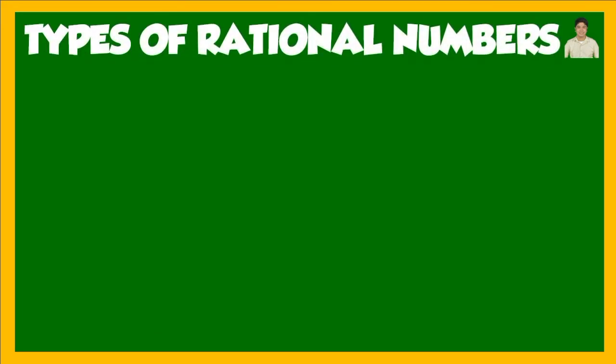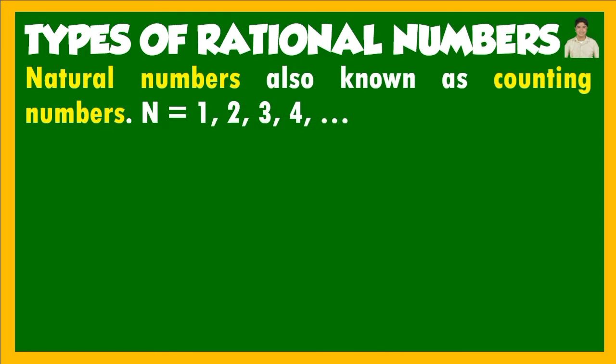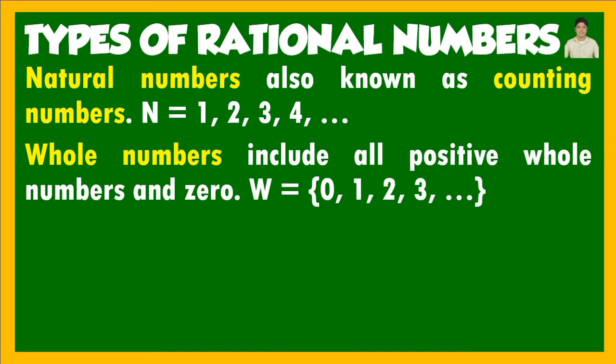So next, we have types of rational numbers. So para mas makilala nyo sila, we have natural numbers, also known as the set of counting numbers. So n is equal to 1, 2, 3, 4, and so on. So alam na po natin yan, yung mga counting numbers, kapag nagbibilang tayo, when we count. Next, number 2.